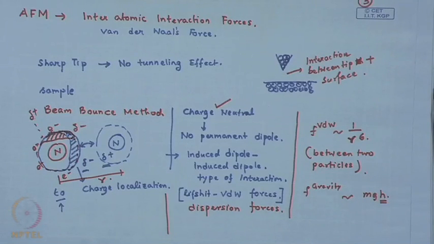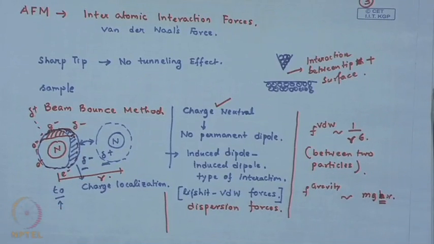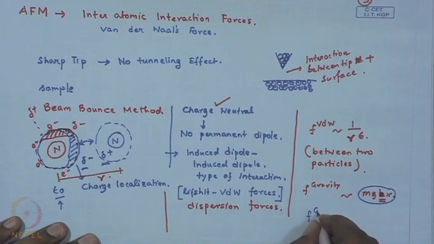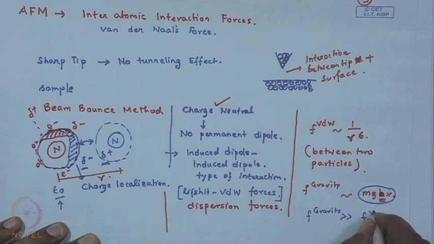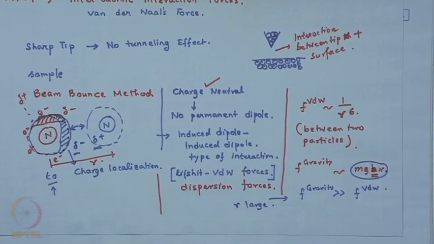So, you can understand immediately that in the macroscopic world where h or r, they are equivalent here, if r is large, this term will be much larger than the van der Waals force, and therefore, in our macroscopic world we do not see any signature of van der Waals interaction.